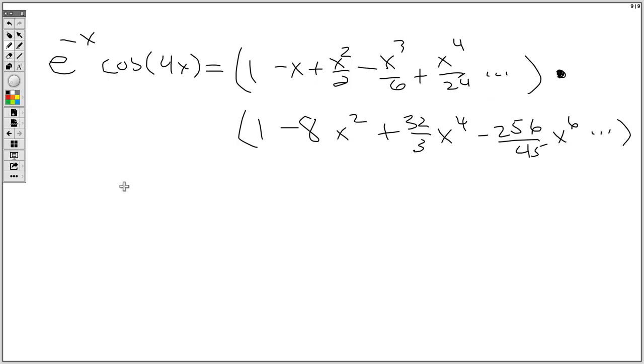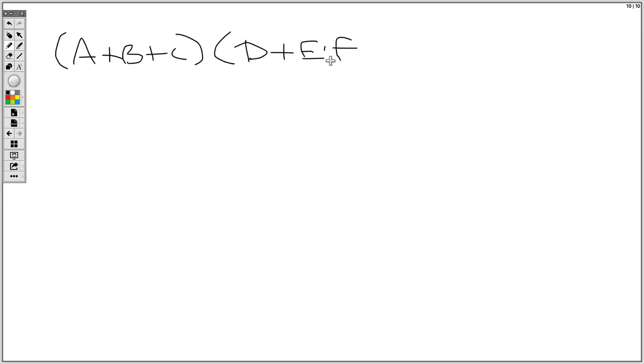Okay. So how do you do it? Well, think about when you multiply a quantity times a quantity. Like say I wanted to multiply a plus b plus c times the quantity d plus e plus f.